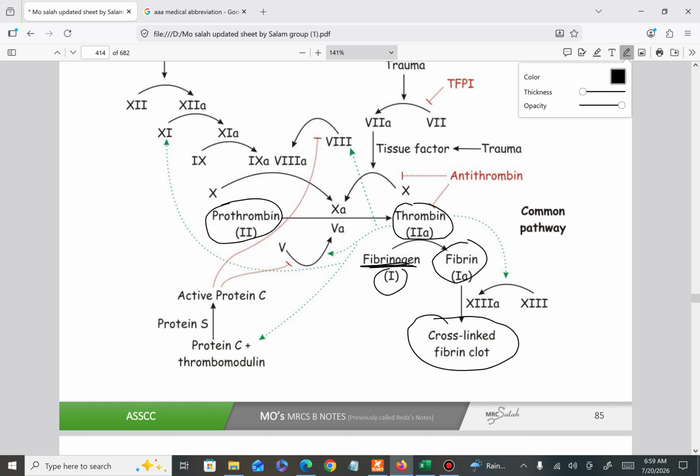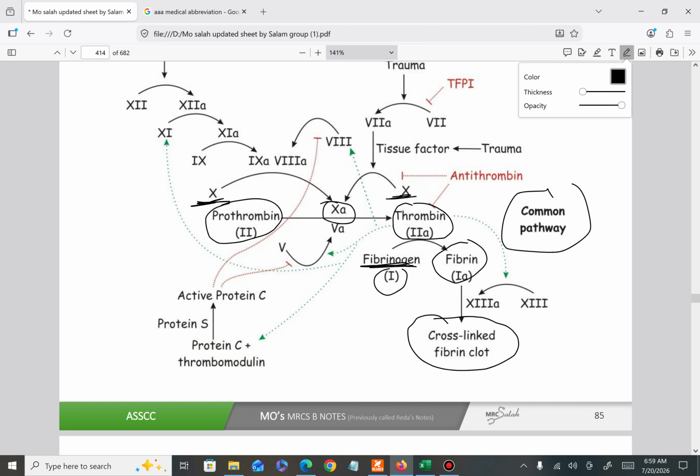Now how is prothrombin converted to thrombin? It is converted by factor 10A. Factor 10A is the activated form of factor 10. Okay, so up to this pathway, when factor 10 is activated and it converts prothrombin into thrombin, this pathway is called the common pathway.